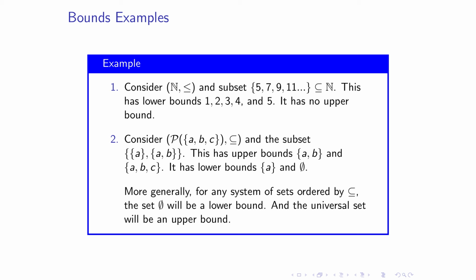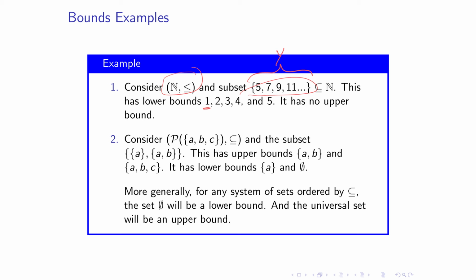Now, let's look at some examples. Let's consider the natural numbers ordered by the usual less than or equal to, and let's consider the subset y equal to this. I guess this is basically the set of odd numbers starting at 5. Let's list all of the numbers that are lower bounds for this choice of y.